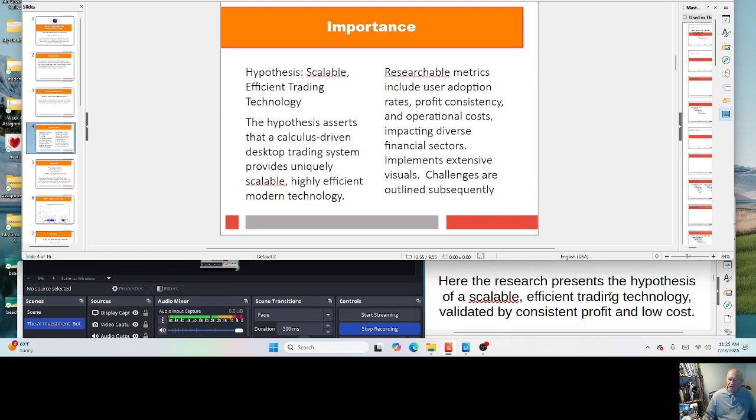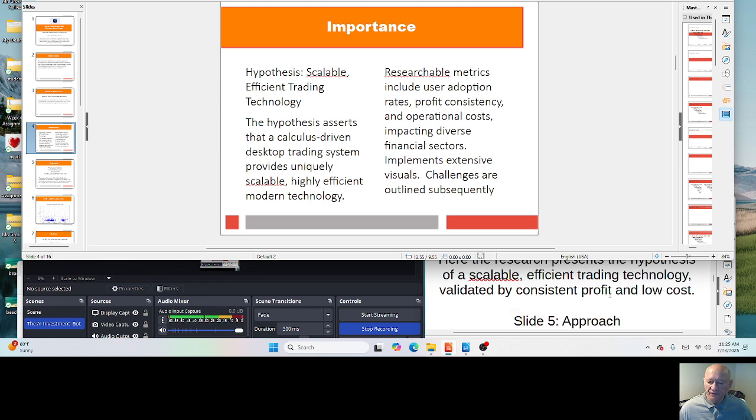Here the research presents the hypotheses of a scalable, efficient trading technology validated by consistent profit and low cost. In the hypotheses, I noted a scalable, efficient trading technology that works every day on a computer desktop.